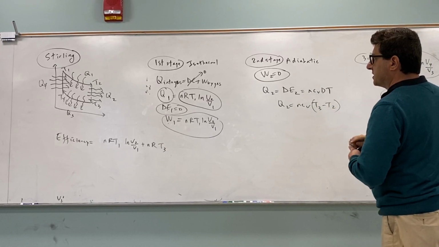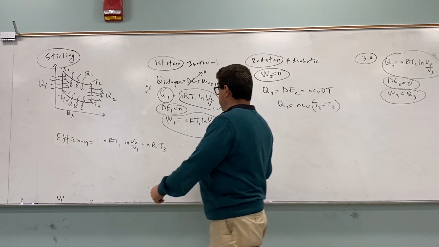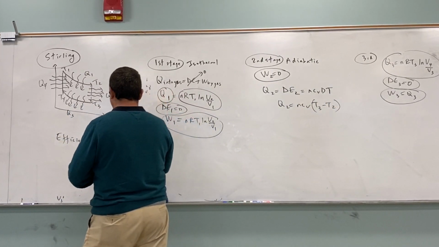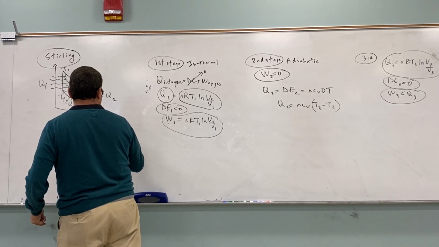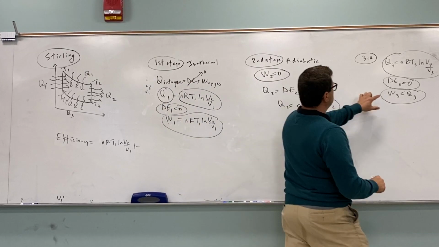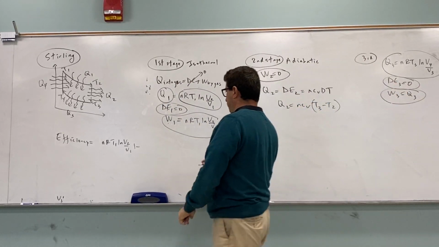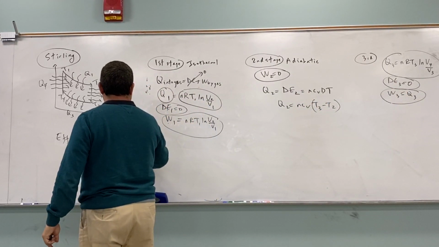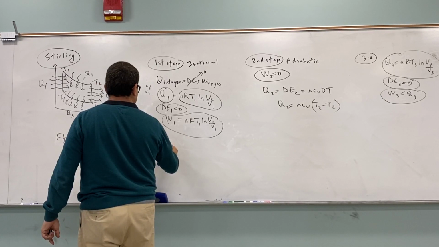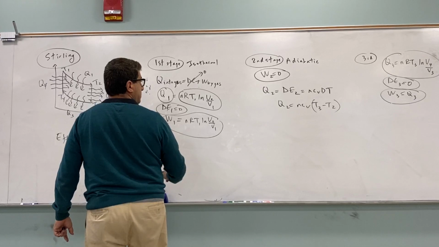No, I was looking at the wrong one. The work done is this one. No, it is still the same. nRT1 ln of V2 over V1. This work is 0, this work is the same as that. Okay, plus nRT3 ln V4 over V3.